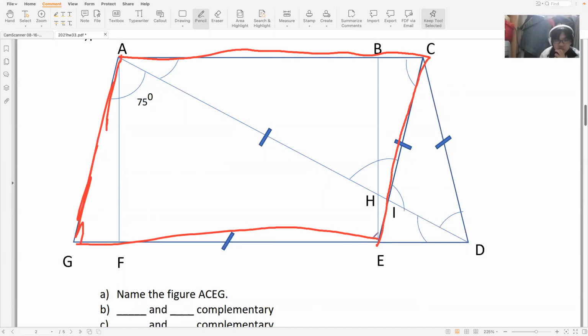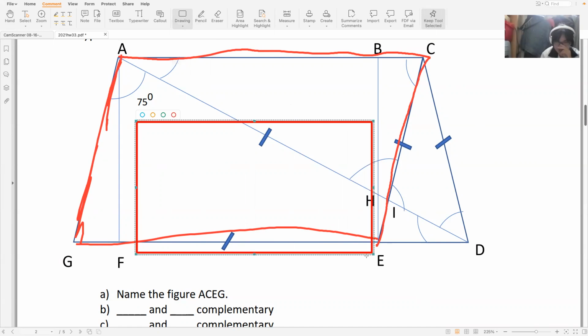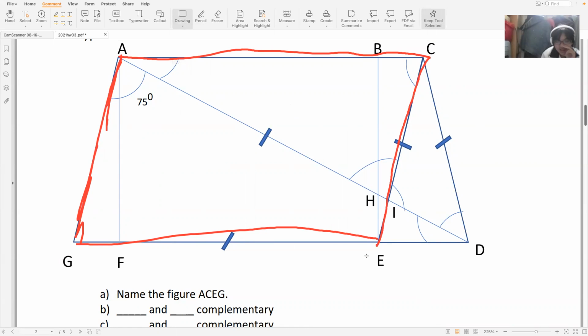Square. This is a square? Rectangle? Are you sure? This is a rectangle. Okay? And this is a square. And you tell me ACEG is a square? Is a rectangle? You sure or not?